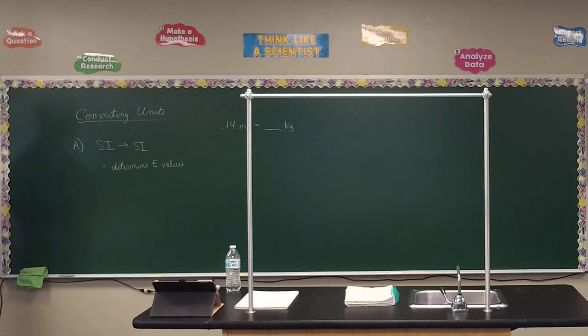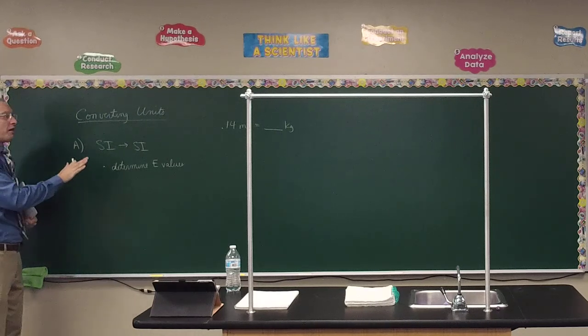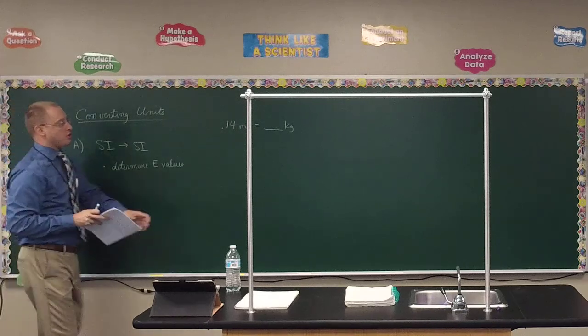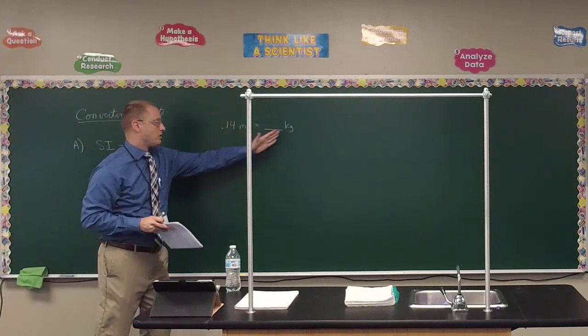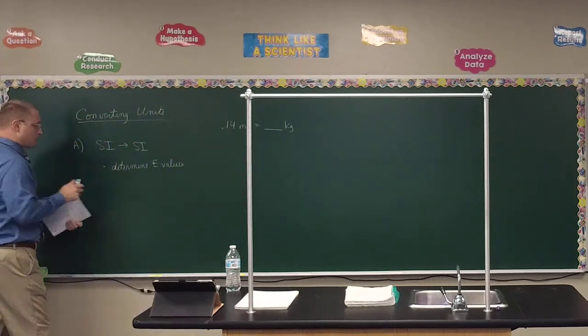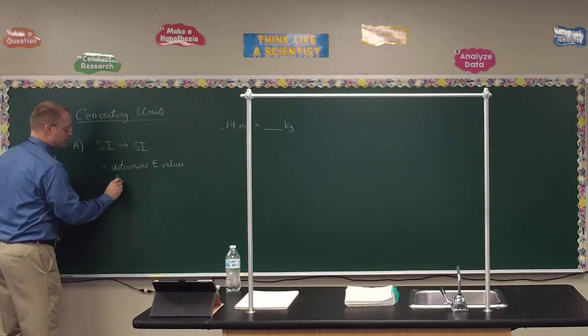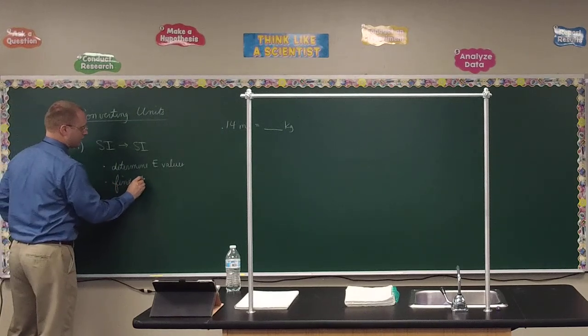So do you see that the old King Henry method worked great in junior high? Technically, in this problem, it could still work, but there's got to be a better way, right? So we're going to base everything off of E values, both the unit you start with and the unit that you're going to. Step number 2 is to find the difference in the E values.